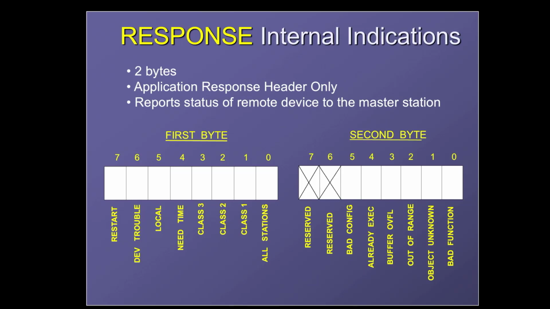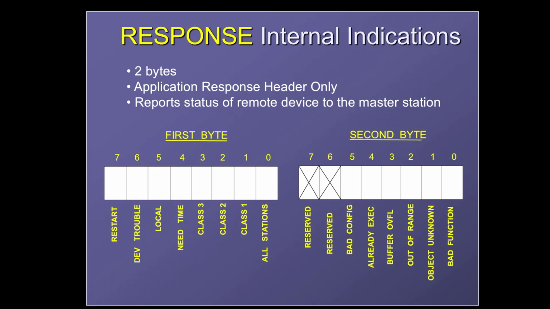For the purpose of our course, all we need to do is be able to, once we see the raw information here, put the bits in their proper locations and then understand that, hey, we have a need time flag that's high, or a restart flag that's high, or a class 1, 2, 3 flag that's high. That's really all that you're required to do. If you wanted to know the definition of each one of these internal indicator bits, or IIN bits, you guys know you could go to DNP.org and you would find a full description of what each one of them means. Okay?